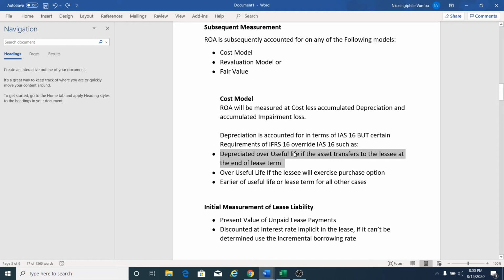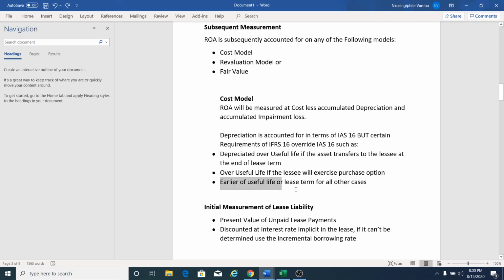This is the same thing as above, actually: over the useful life if the lessee will exercise the purchase option. If you have an option to purchase an asset at the end of the lease term and you are reasonably certain that you will exercise that option, it means you will own the asset at the end of the lease term. In that case, again, you need to depreciate the ROA over the useful life of the asset.